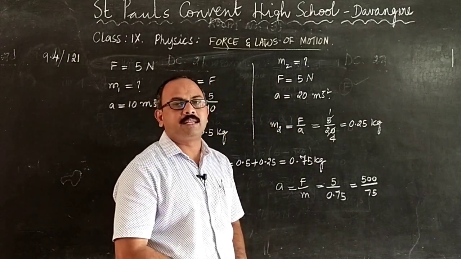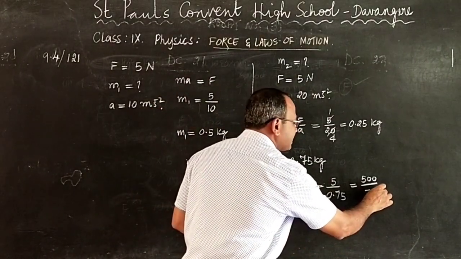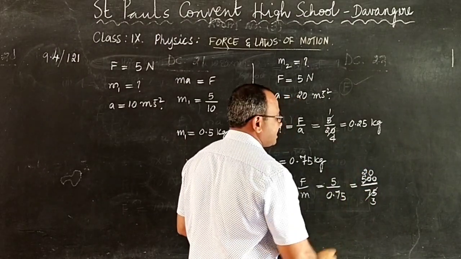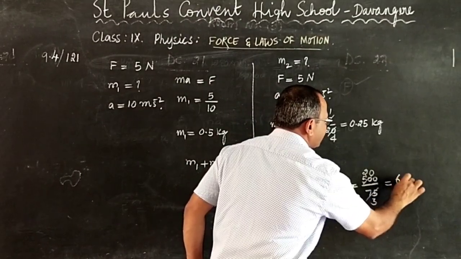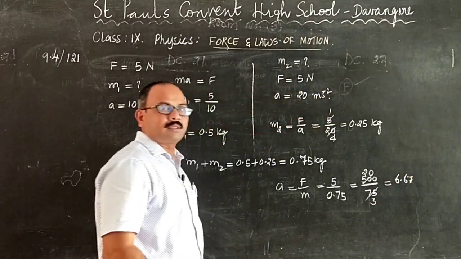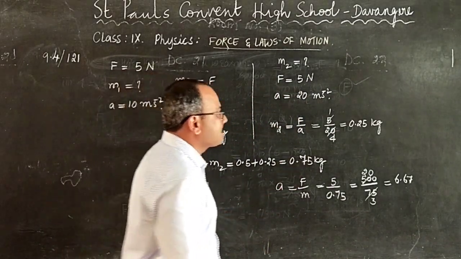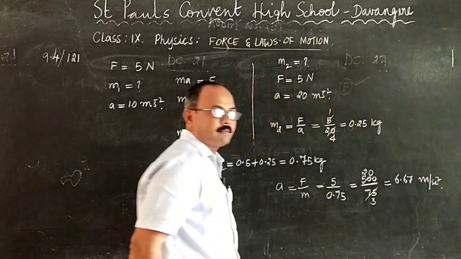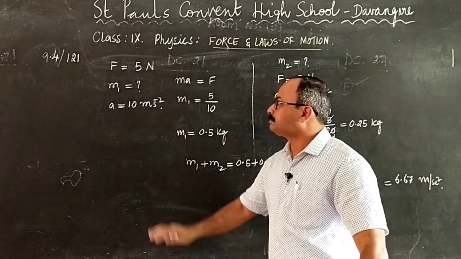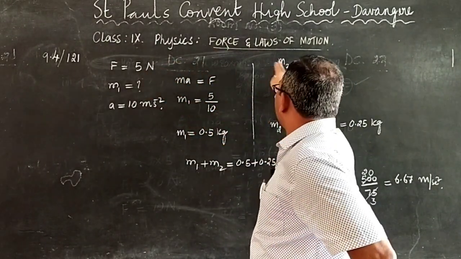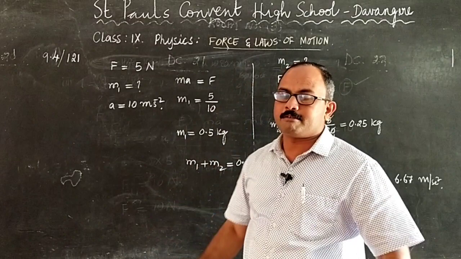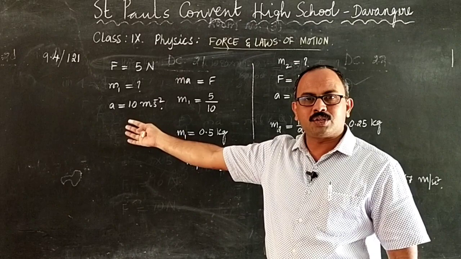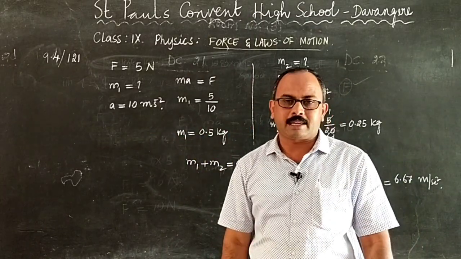These two numbers are divisible by 25, children. This is 3 times and this is 20 times. Therefore, it will become 6.67. Slowly, if I divide and find out, acceleration will be 6.67 meter per second square. So, there are 3 parts, children. The same amount of force is applied on 2 objects of masses m1 and m2, which produces so much acceleration in the first case, and so much in the second case.